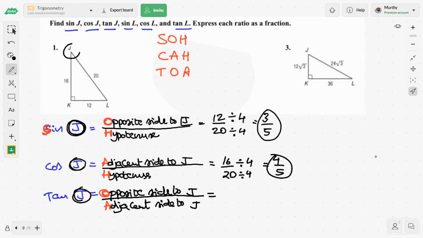So J is here. What is opposite? You can see that in the diagram, that is 12 units. Opposite side to J is 12.